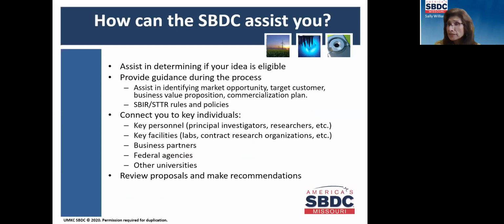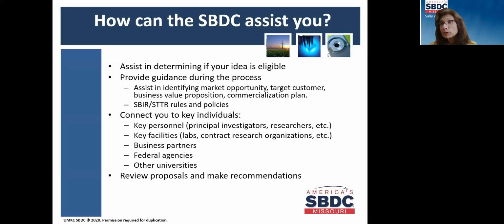Okay, we talked about the SBDC assisting you. We can help you determine if your idea is eligible, and give you some guidance during the process. And frequently we find that researchers need connections to other key individuals, and perhaps they aren't connected. So we can help you find key personnel.